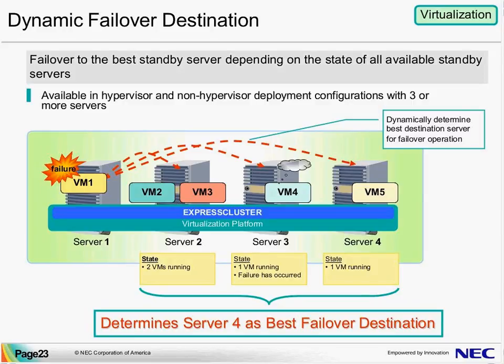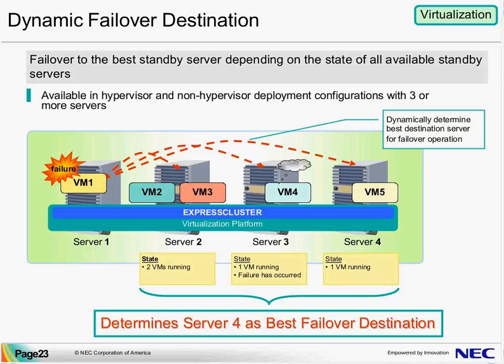So you can now identify a server workload as a primary server, but then you can have a pool of multiple servers where failover can take place, and you don't need to specify which one of the available servers should take over. You simply need to specify a pool of servers, and then ExpressCluster will dynamically determine which server in the pool is in the best state or condition to take over for the primary server when there's a failure.